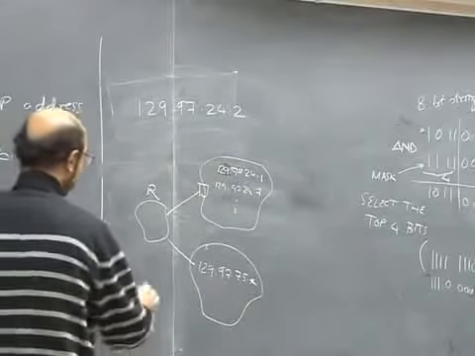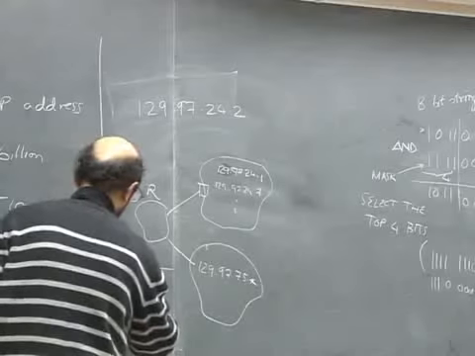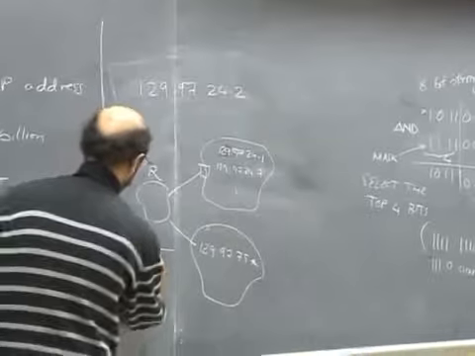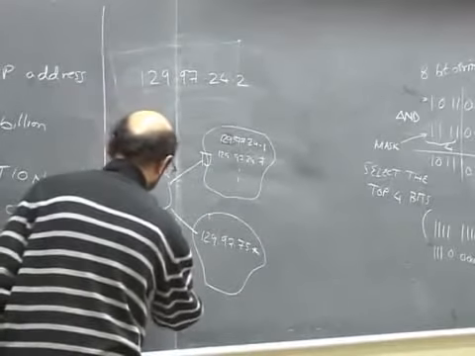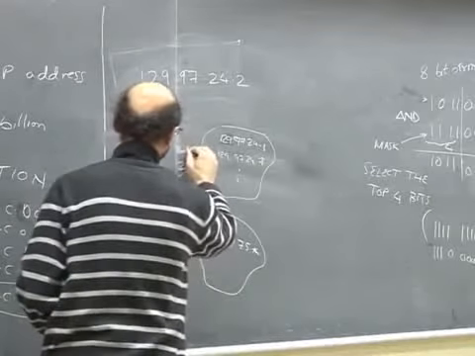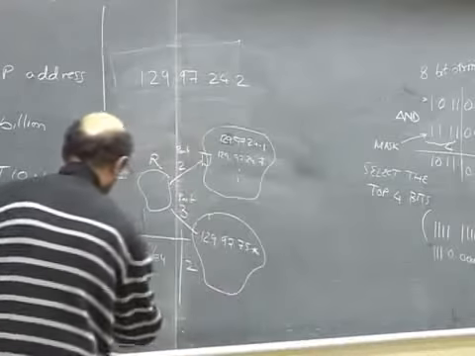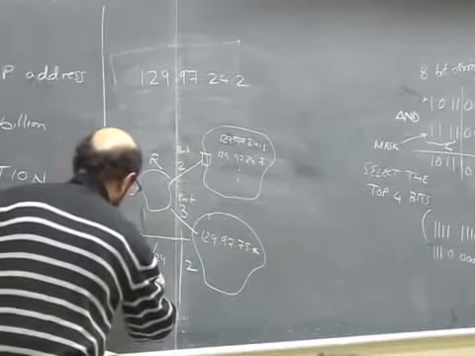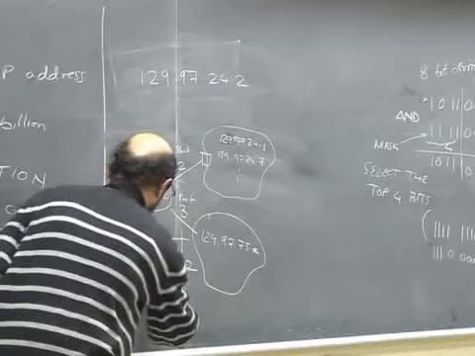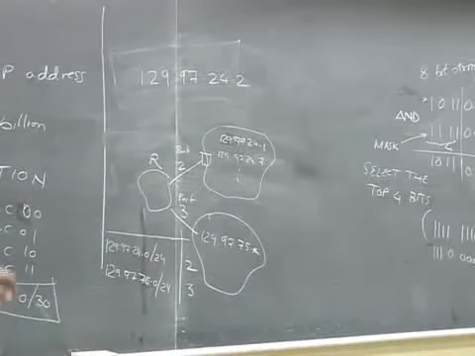In its routing table, it would have entries like this: 129.97.24.0/24, and let's say this is port 2, and then 129.97.75.0/24, that's port 3. Okay, what does this mean?